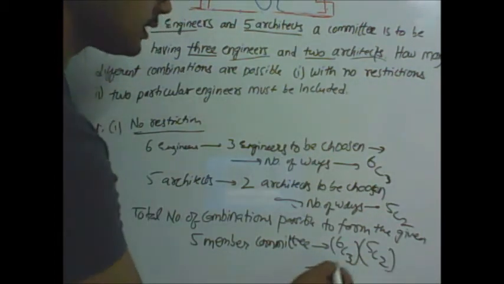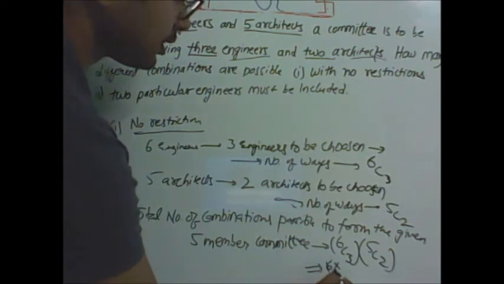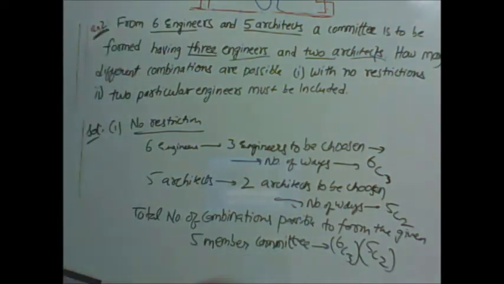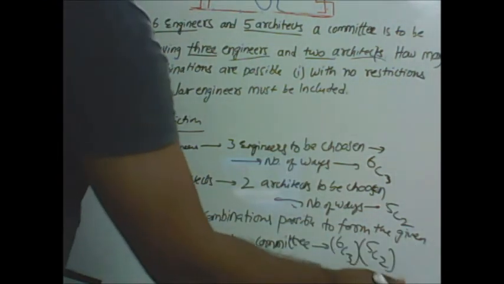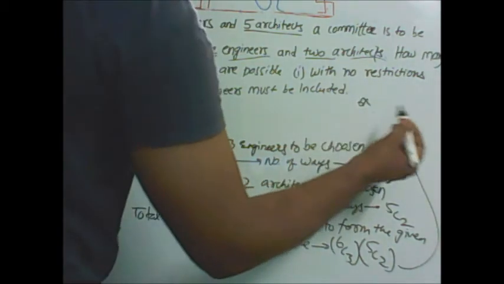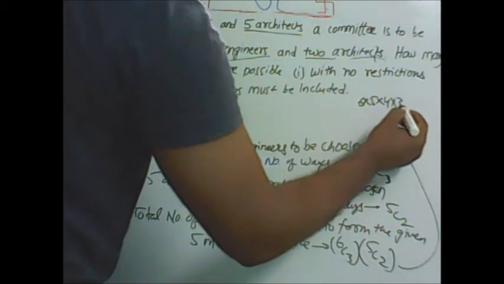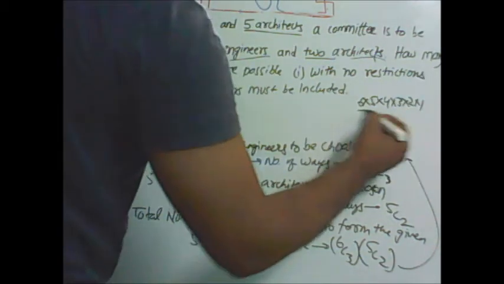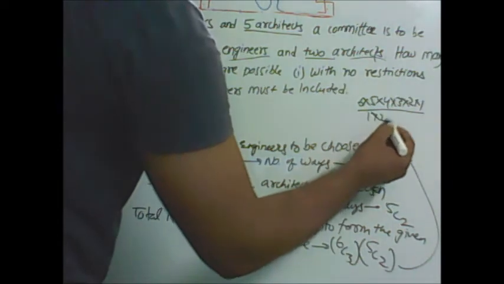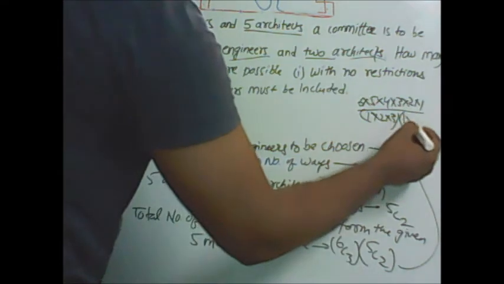If we solve 6C3, we will get 6 into 5 into 4 into 3 into 2 into 1 divided by 1 into 2 into 3, which is 3 factorial, into (6 minus 3) factorial, which is again 1 into 2 into 3.